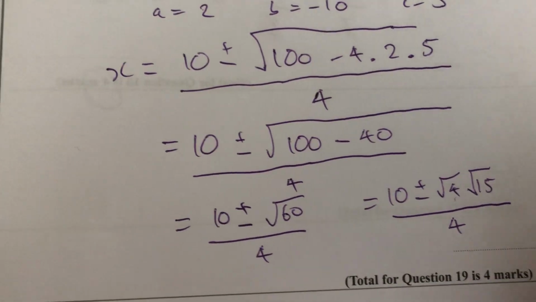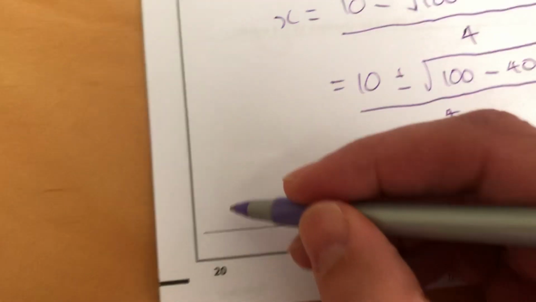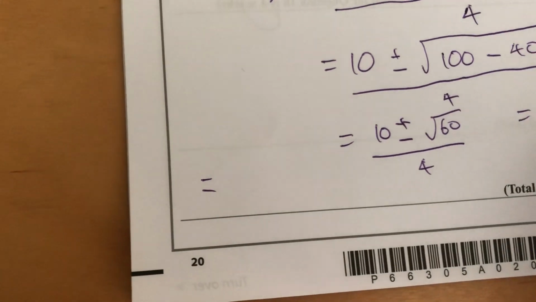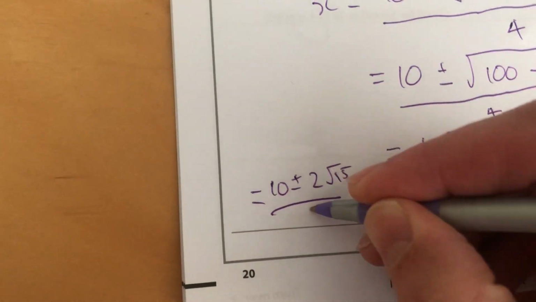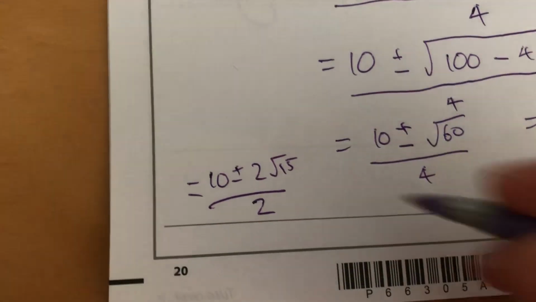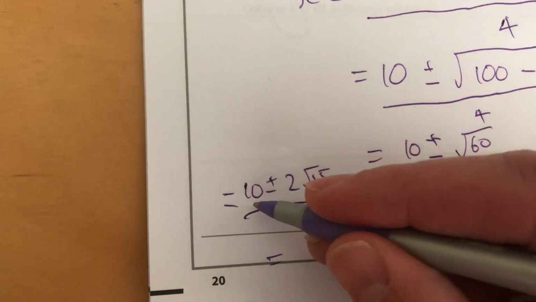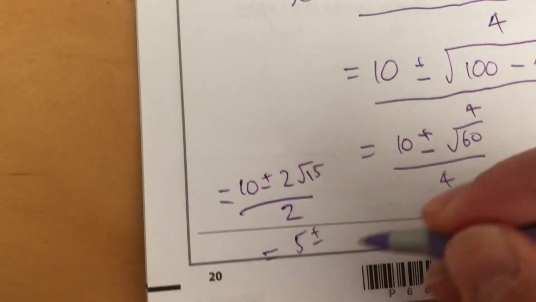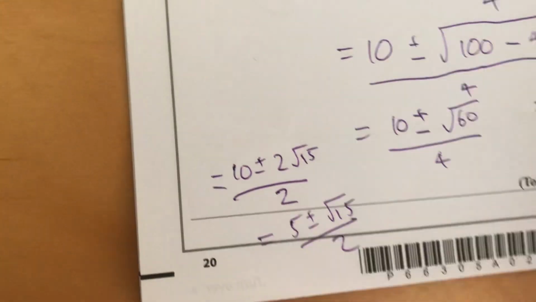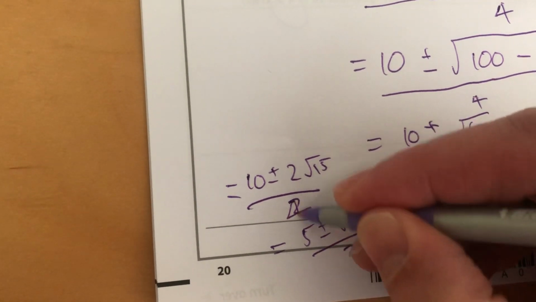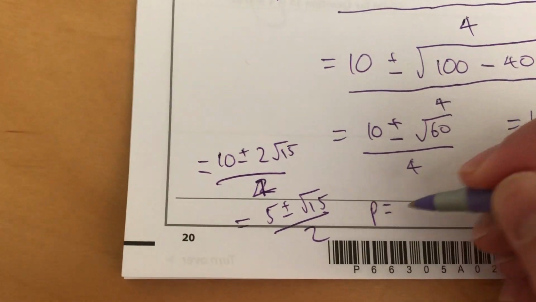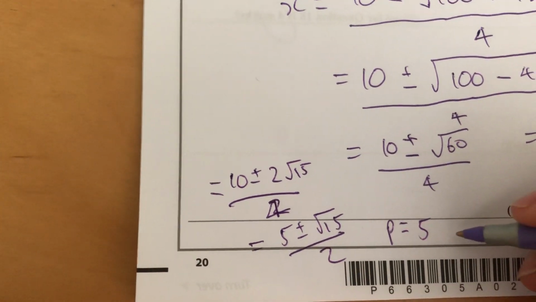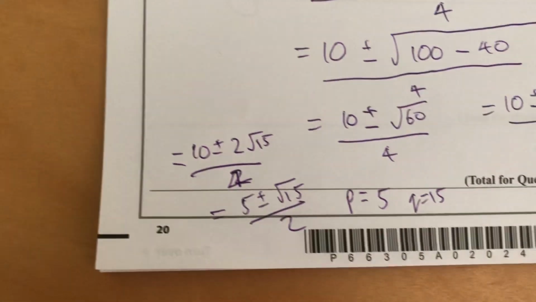I'll have to squeeze this in a little bit lower, excuse the mess. So 10 plus or minus 2 root 15 all over 4. Sorry, there was still a 4 there. Then I factorize out the 2, and I can simplify that to 5 plus or minus root 15 all over 2. So there, to answer the question, p is 5 and q is 15.